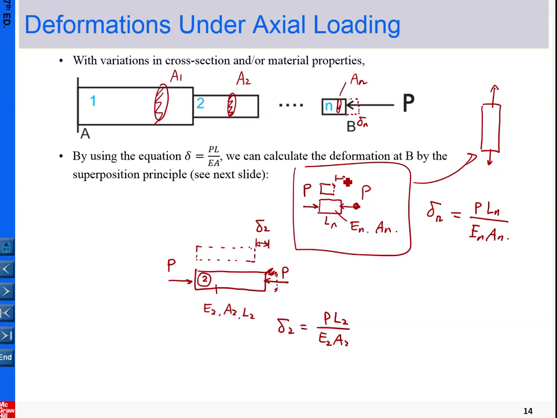So if you like, you can record it as shortened. Otherwise, the common way is we simply use a minus sign to indicate the deformation that is reduced. The deformation is negative. Negative deformation indicates its length is shortened compared to the original one.